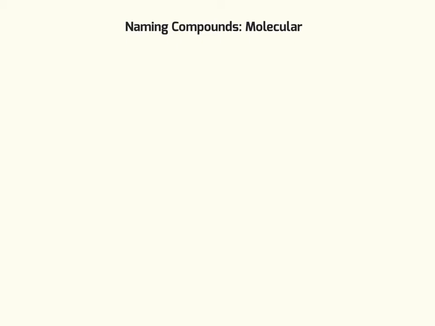Alright, so the next rules that we need to take a look at are how we name molecular compounds. And when I say molecular compounds, those are created through covalent bonds. Covalent bonds occur between two nonmetals.